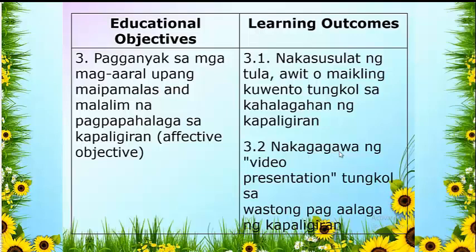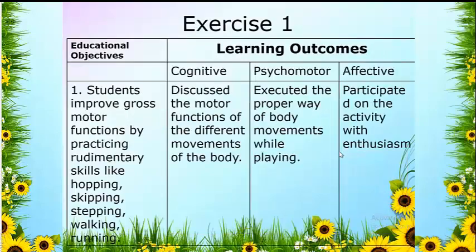So this is another example, an exercise with this educational objective, and this is for the physical education subject. With this educational objective, students improve gross motor functions by practicing rudimentary skills like hopping, skipping, stepping, walking, and running.